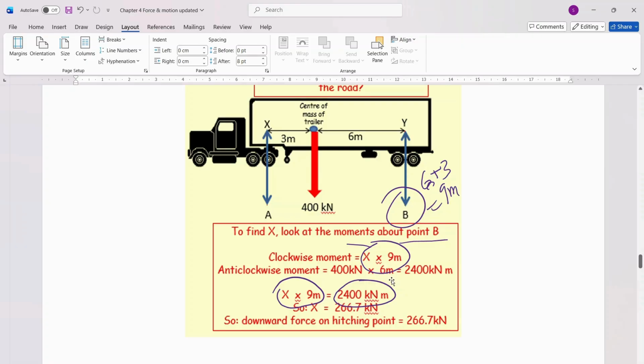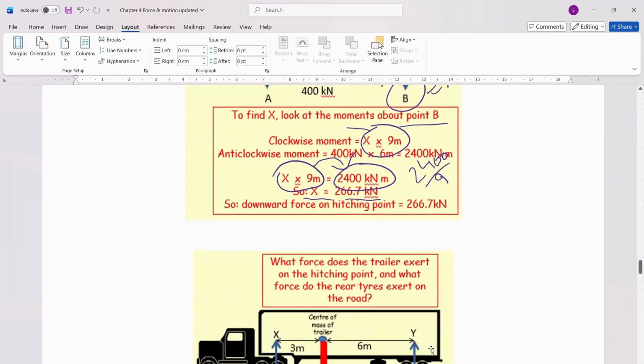To calculate X, 9 goes to the other side and we divide, and we get X as 266.7 kilonewton. So the downward force on the hitching point is 266.7 kilonewton.